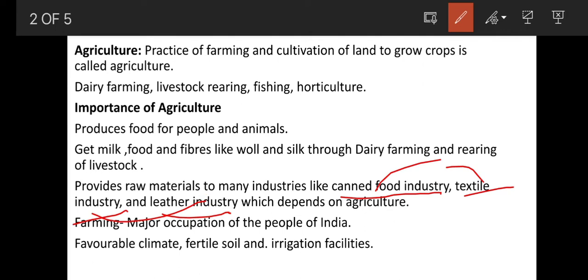To make manufactured goods in those industries, they need raw materials obtained from agriculture. That is the reason agriculture provides raw materials to many industries.